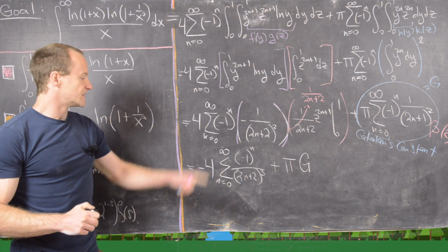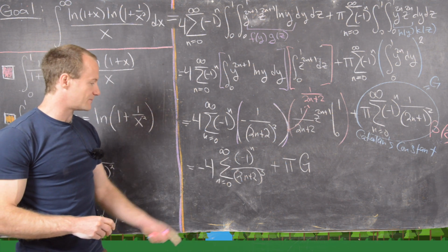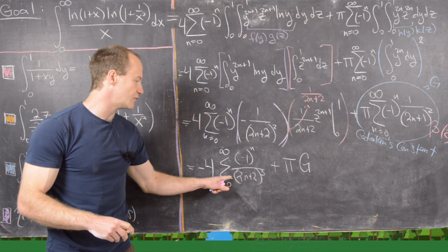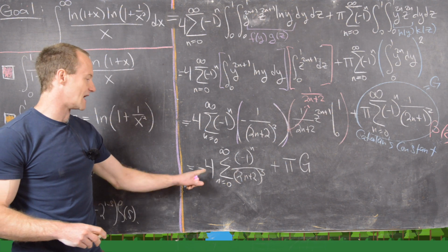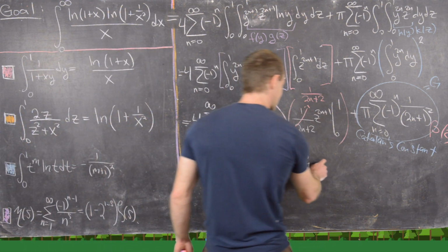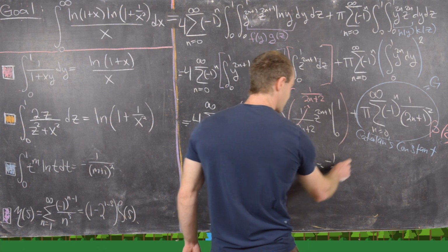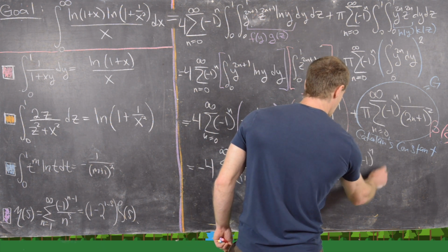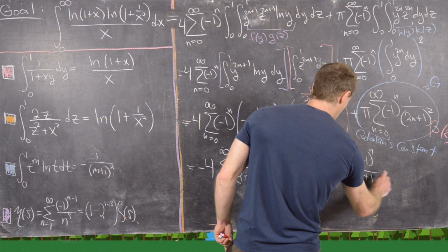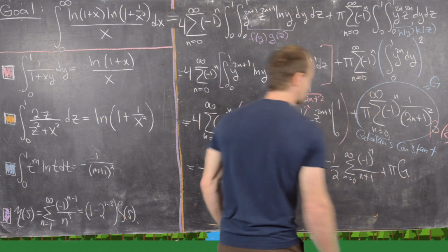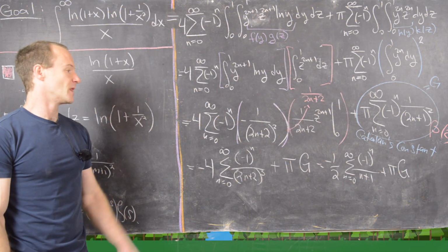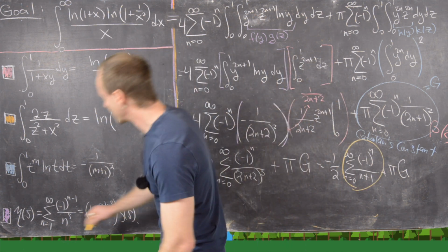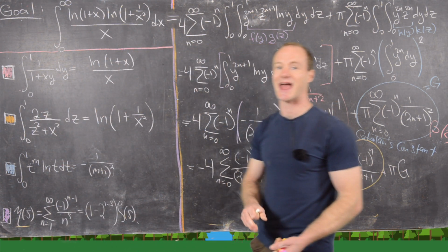Okay, good. So now we can simplify this a little bit. First thing I want to do is bring a 2 out. If I bring a 2 out of the denominator, I have 2 cubed, which is 8. That's going to cancel with this to give me a minus half. So here we have minus half the sum n equals 0 to infinity of minus 1 to the n over n plus 1 cubed, plus pi times G. But notice that this guy right here is just a very simple re-indexing of the Dirichlet eta function.